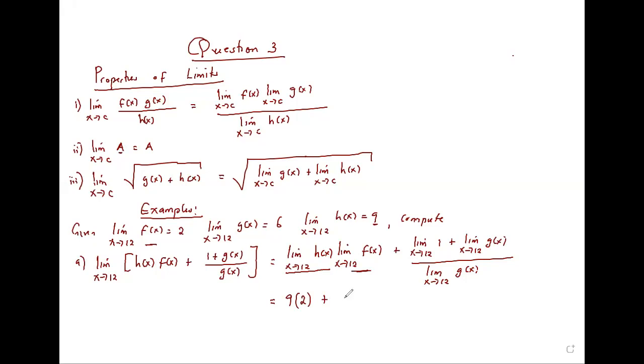So 1 is 1, plus the limit of g of x is 6 over 6. So we're getting 9 times 2, that is 18, plus 7 over 6. So we can do 6 down, and then 18 by 6 plus 7.